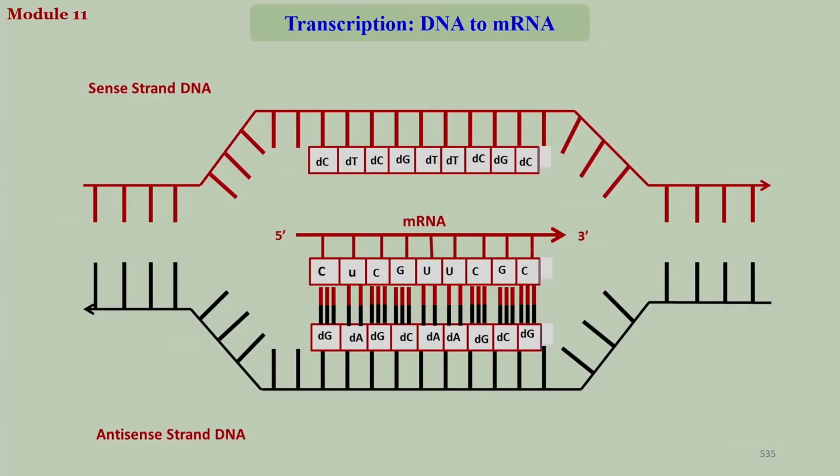So, here was the process of transcription that we have talked about. In the genome you have double stranded DNA, 5 prime to 3 prime, 3 prime to 5 prime, which we have called sense strand and anti-sense strand. The idea is that this sense strand contains all the information, so you have to synthesize a copy of this strand.